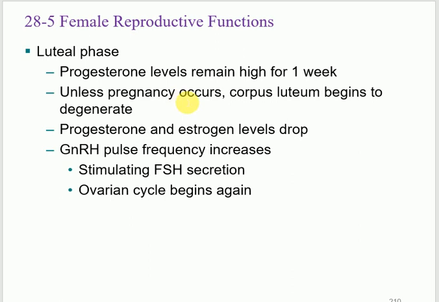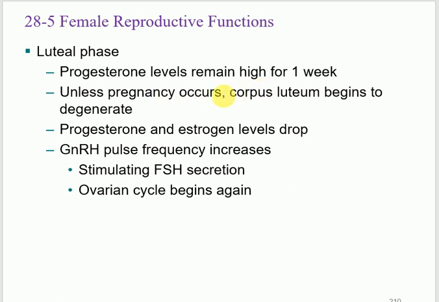So what if pregnancy occurs? Corpus luteum will continue to support the functional zone of the endometrium, keeping it thick, vascular, and containing secretions, waiting for a possible pregnancy. So that's what's going to happen.